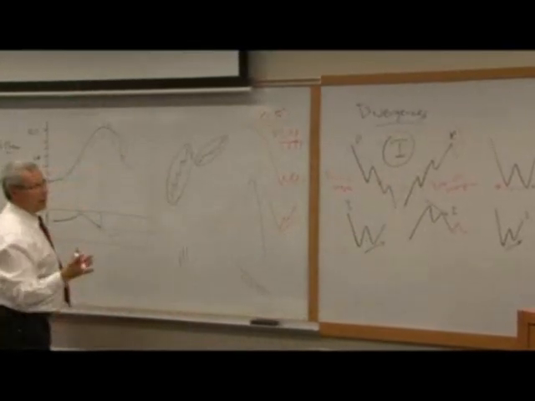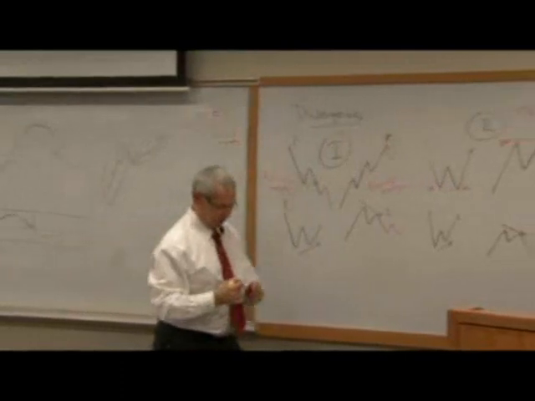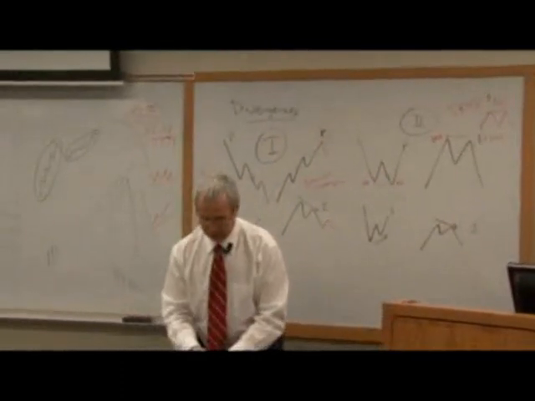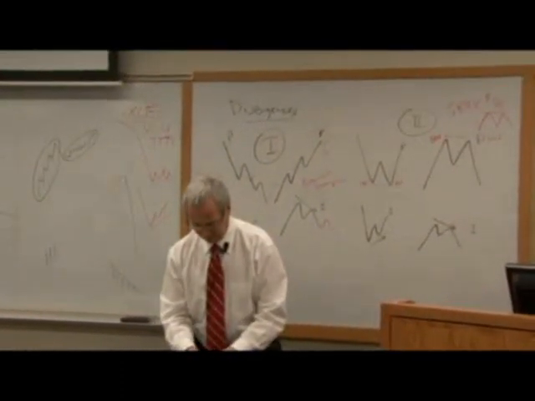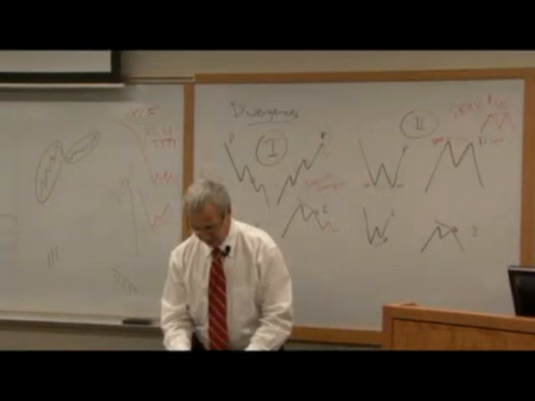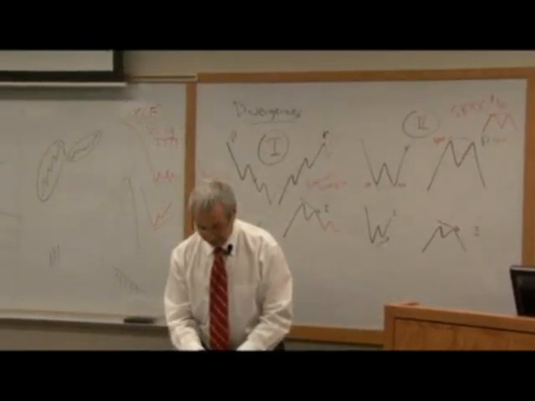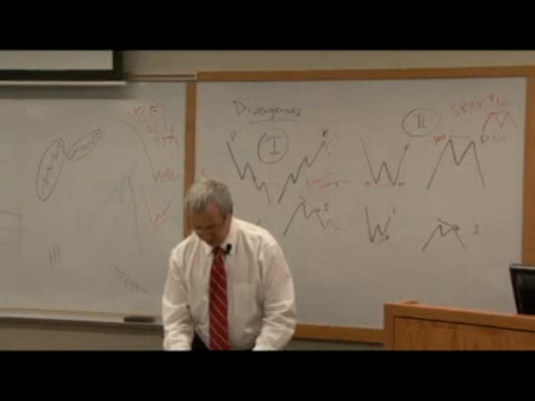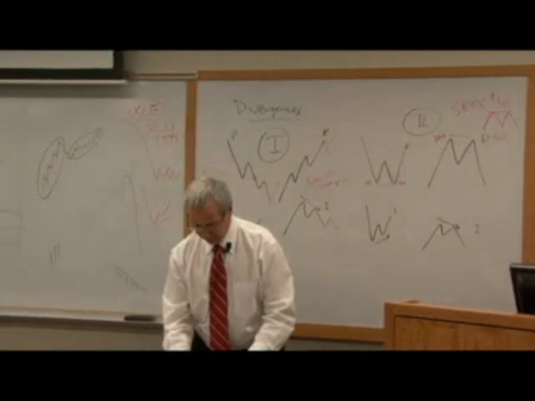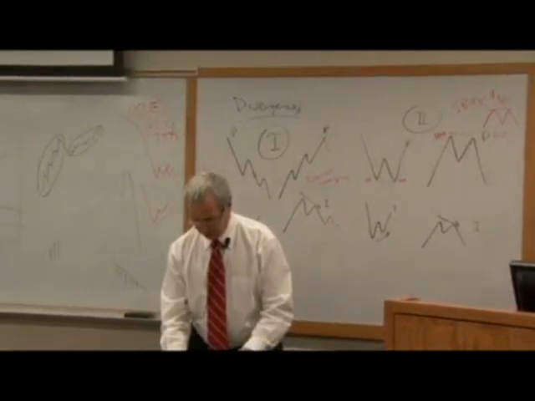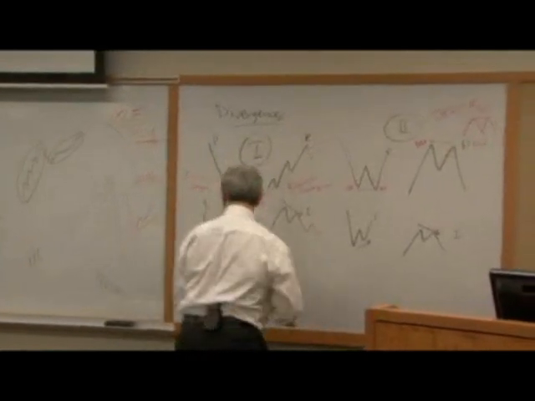The third category, I have to go to my notes. The third category can work, but not as effectively. You might make a lower low in price and a double bottom in the indicator.